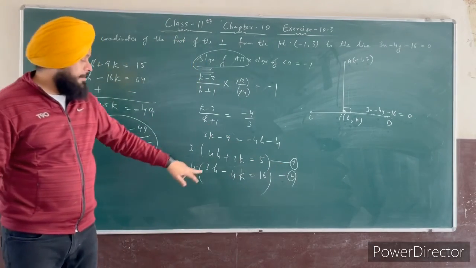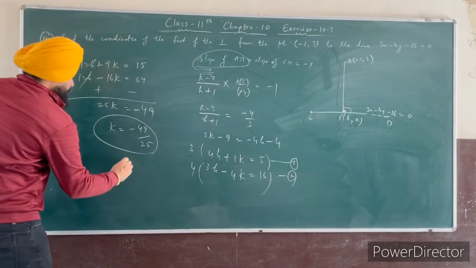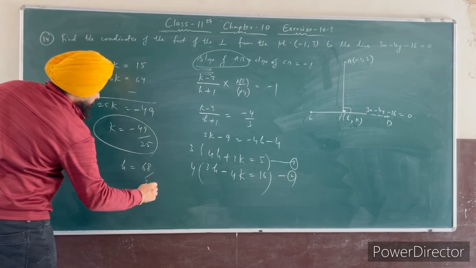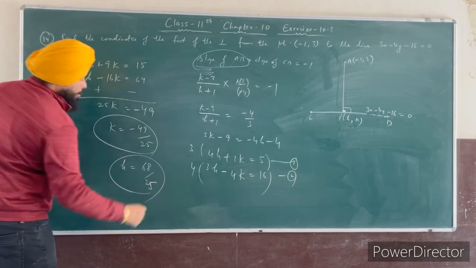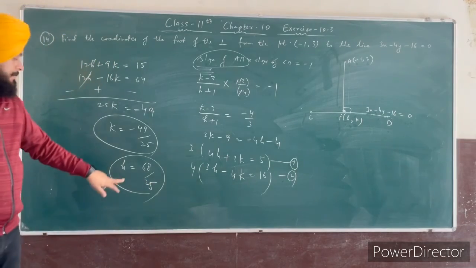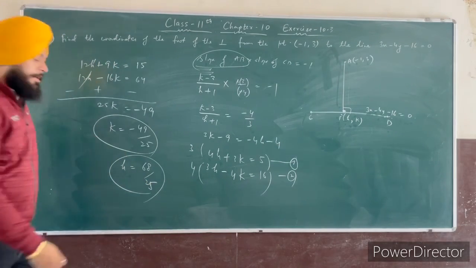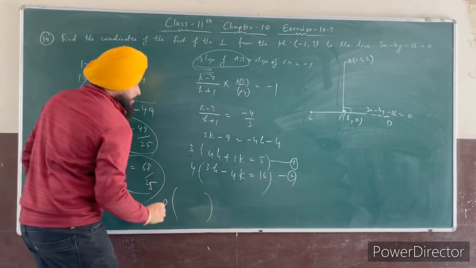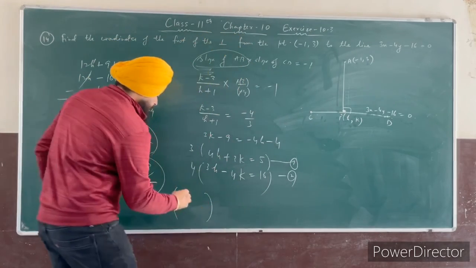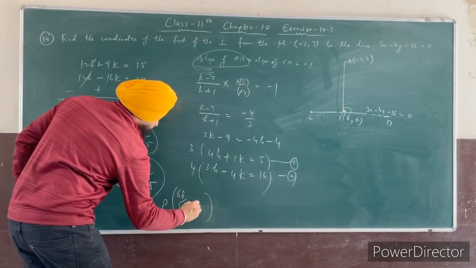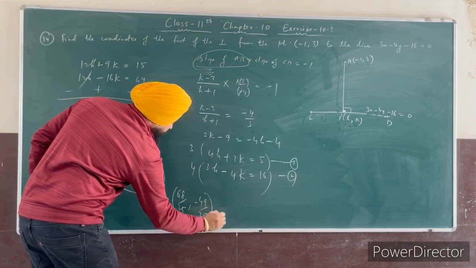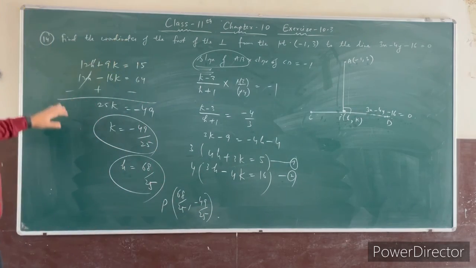You will get the value of h. Solving, we will get h equal to 68 over 25. So this is the value of h and this is the value of k. So the coordinates of this foot of the perpendicular are (68 over 25, minus 49 over 25). Alright, so this is your question number 14.